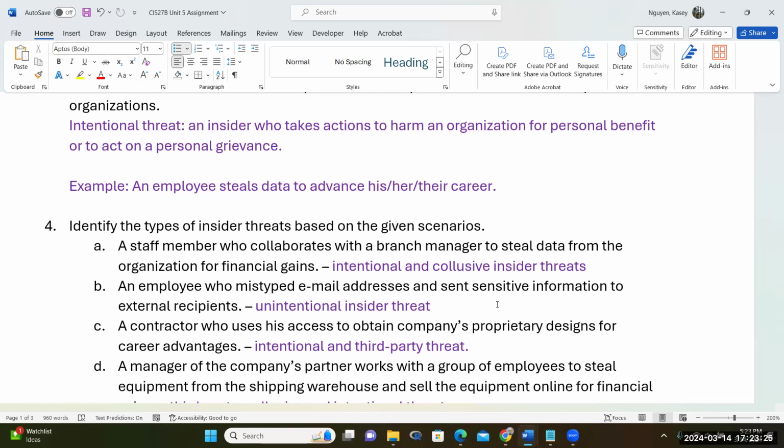For B, an employee who mistyped email addresses and sent sensitive information to an external recipient. This would be an unintentional insider threat. It could be just a mistake or it could be negligent, but it falls under unintentional insider threat. Now, from an IT and security side, what can we do better? We would need to implement email security, screening sensitive data that's going out, requiring more approval of sensitive data going out to an external individual outside the company.